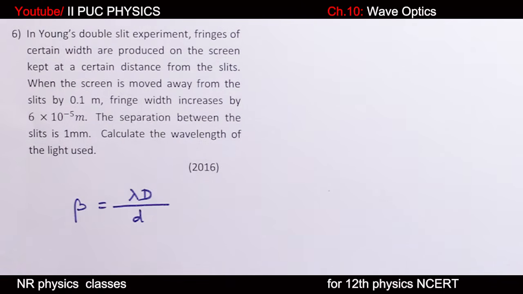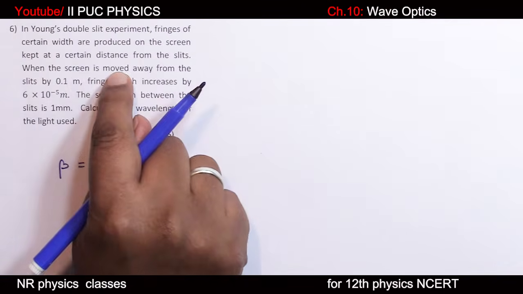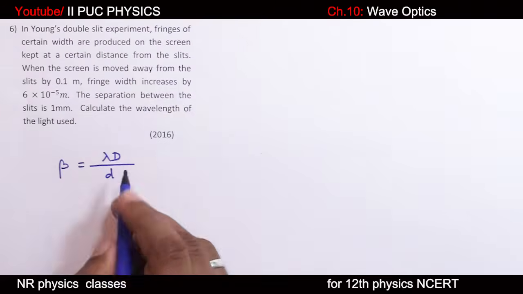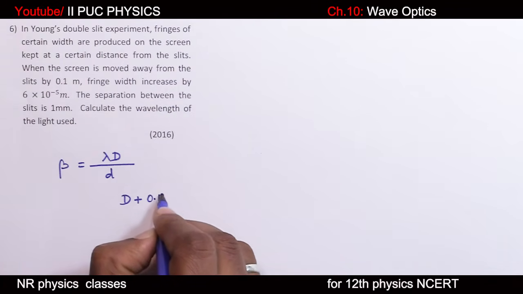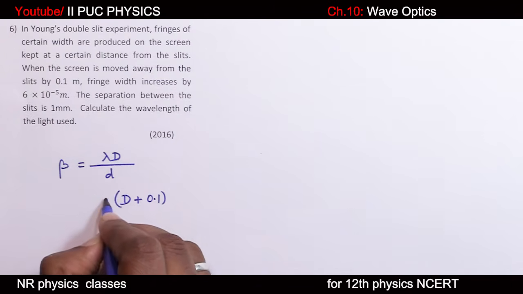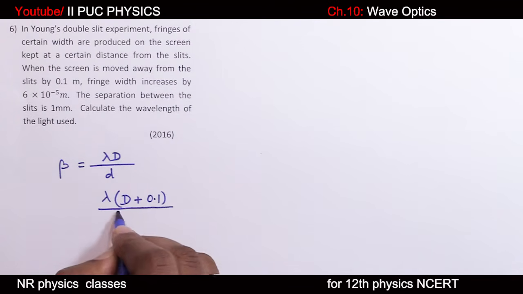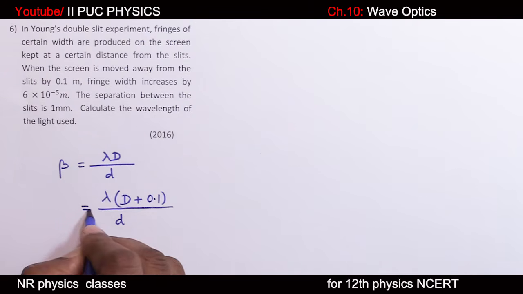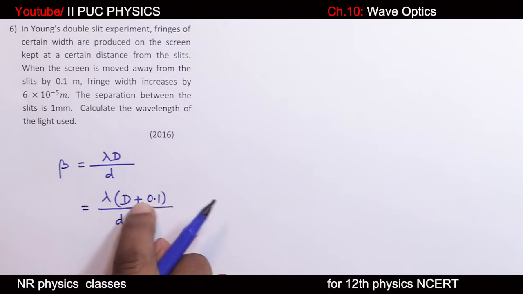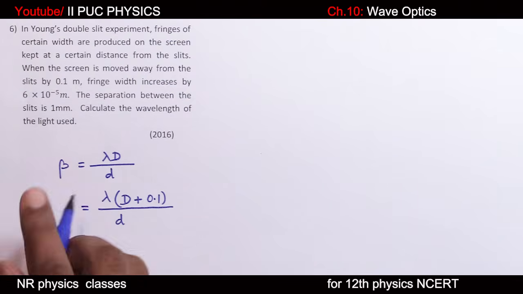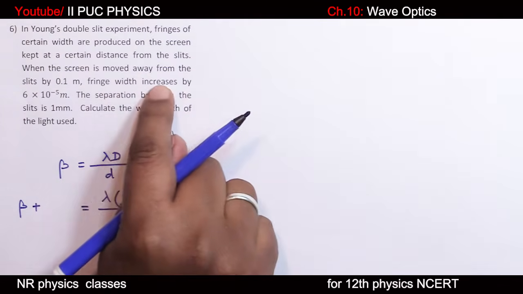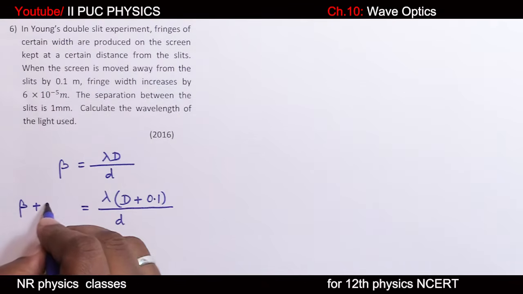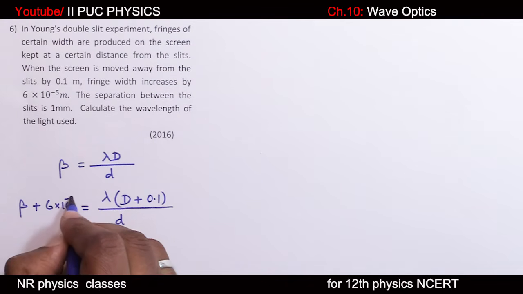When the screen is moved away, it means earlier D plus 0.1 meter, for the same wavelength and the same distance between the slits. The fringe width increases because the numerator is increased. Fringe width will be beta plus 6 × 10^-5, since the fringe width increases by this amount.